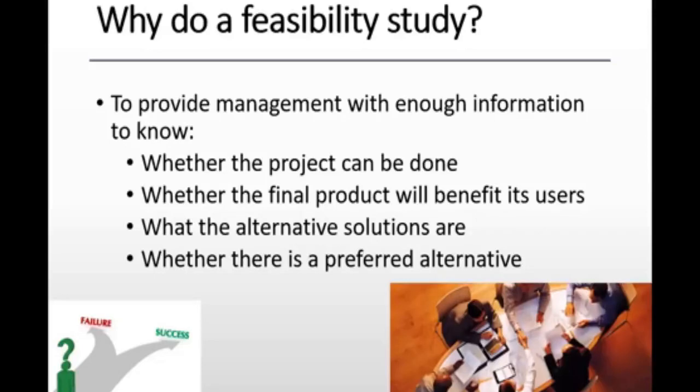Now, to provide management with enough information, here are the things we need to check: whether this project can be done technically, whether there are technical difficulties or expertise difficulties, and whether we have enough resources and expertise for this. That is what we discuss at the project level.